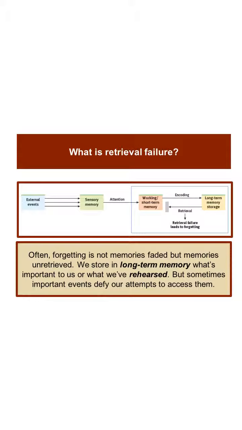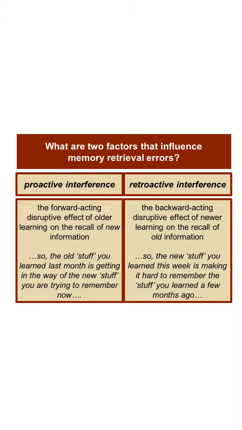Another reason why retrieval fails is interference. When in memory we refer to interference, that means that old information collides with new information, and there seems to be a conflict between the two, causing us to be unable to retrieve. Okay, this is tricky.